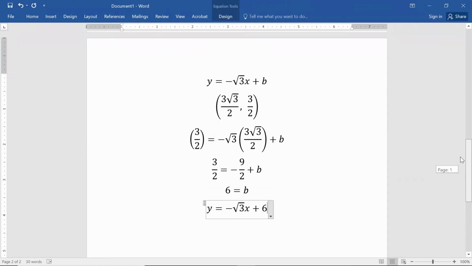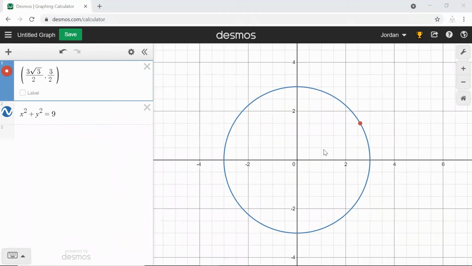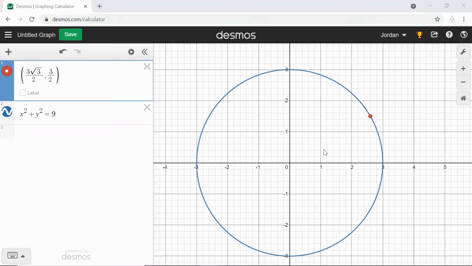Let's see how that line matches up and meshes with the graph at this value here. What I've done is I've gone on Desmos and I've created the circle of radius 3, and you can see the point on the circle of radius 3 is the point 3 root 3 over 2, comma, 3/2. If we had a tangent line, it's going to go in that direction. It's going to go so that it only hits the circle at this single point.